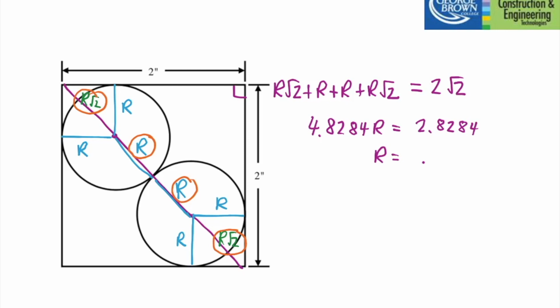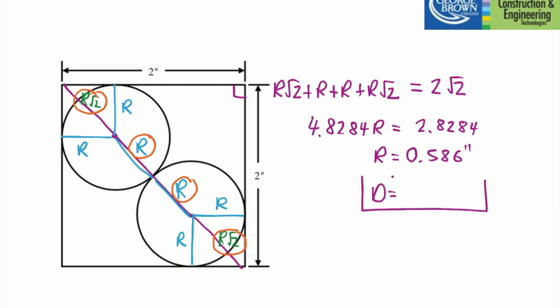And that's 0.5858. I'll put it as 0.586, that's fine, and that's in inches. Then for the diameter, I used a lowercase d on the previous question, and I'll use an uppercase D here.